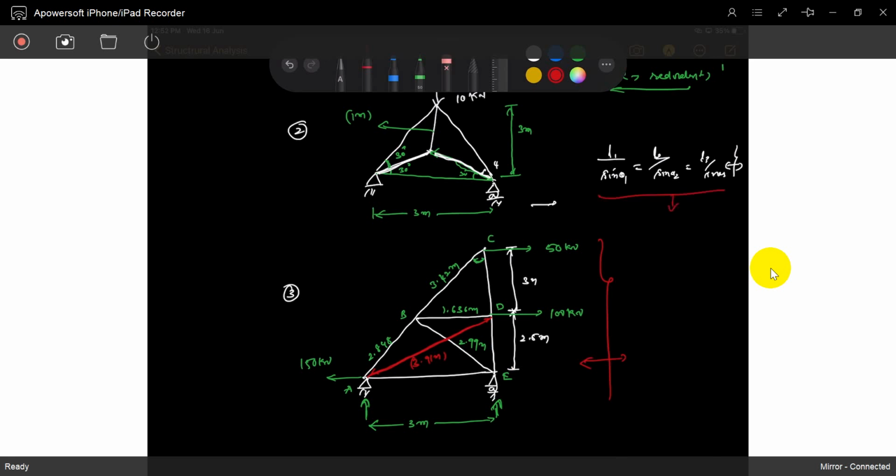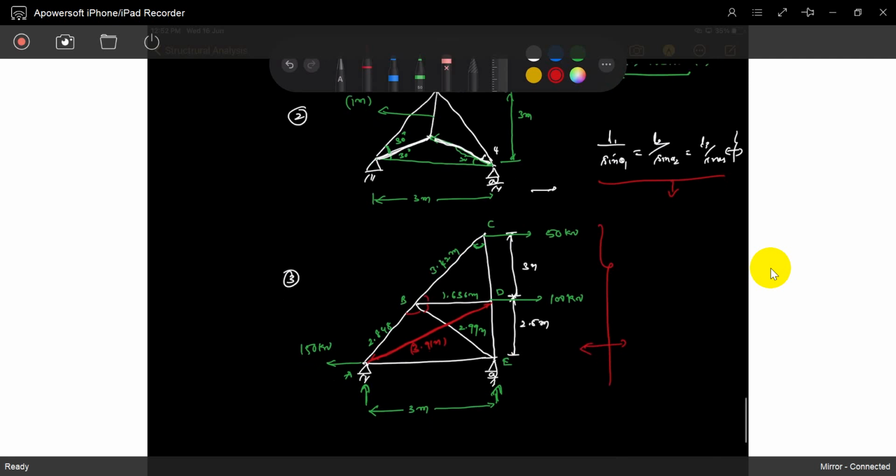If you do it, you get a good idea and good calculation skills. That's why I'm emphasizing this type of problems.